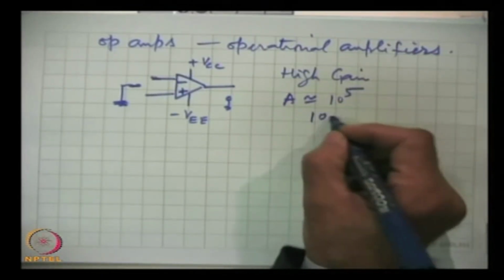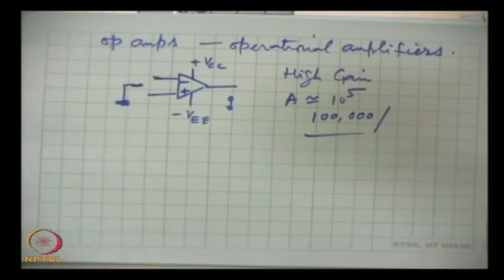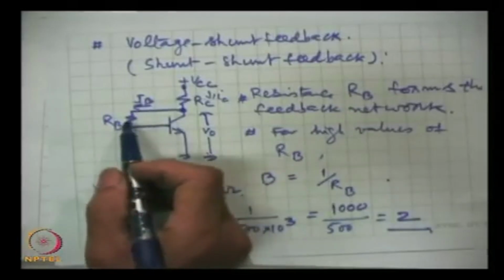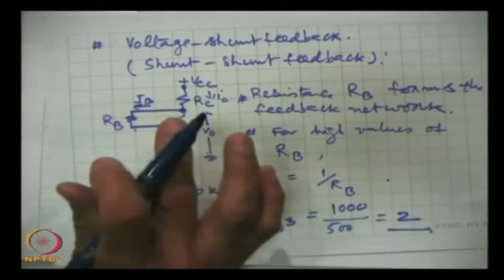That means a gain of 100,000. So, it is a multi-stage amplifier, it is a direct coupled amplifier, and so on. Now, one beauty, why this is so popular, is different, but why we are taking examples from here is that in these two circuits which we discussed, the feedback network was part of the main circuit.